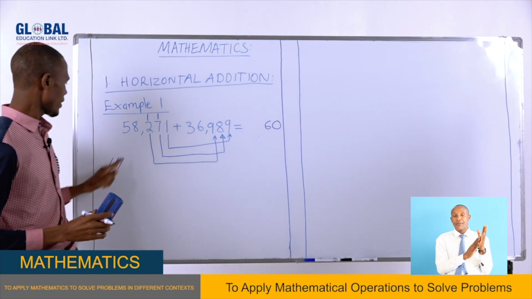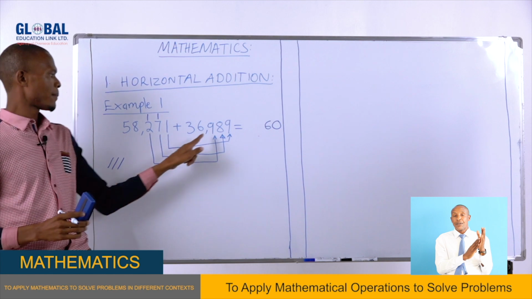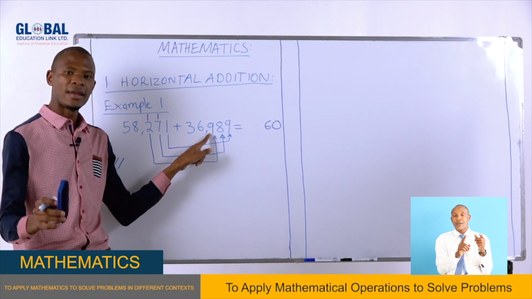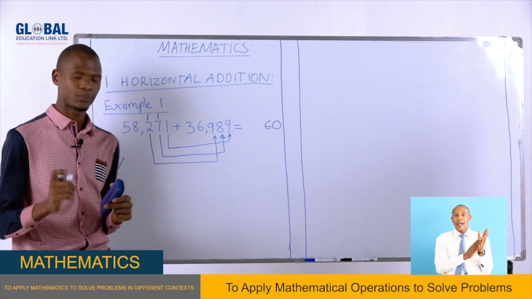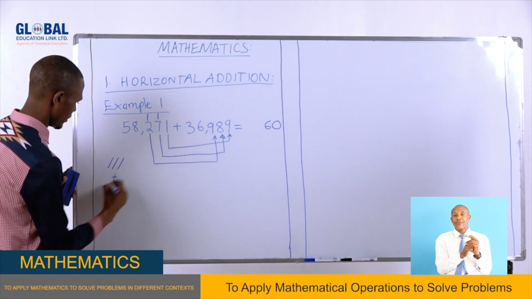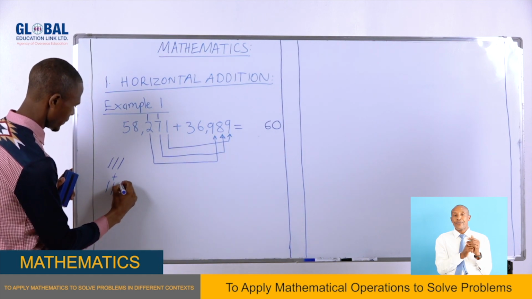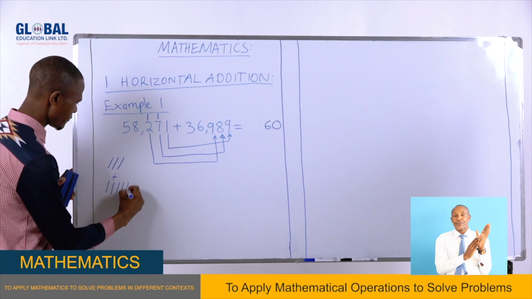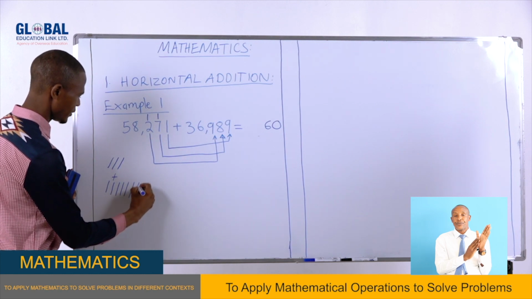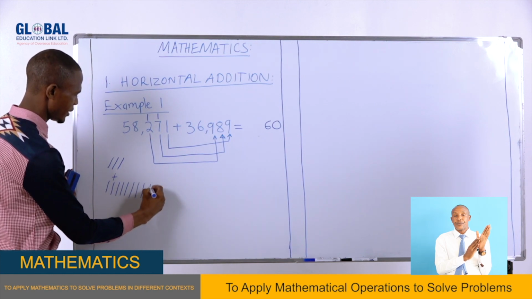So these are 3 tallies. Then we need to count 9 tallies more. 1, 2, 3, 4, 5, 6, 7, 8, 9.